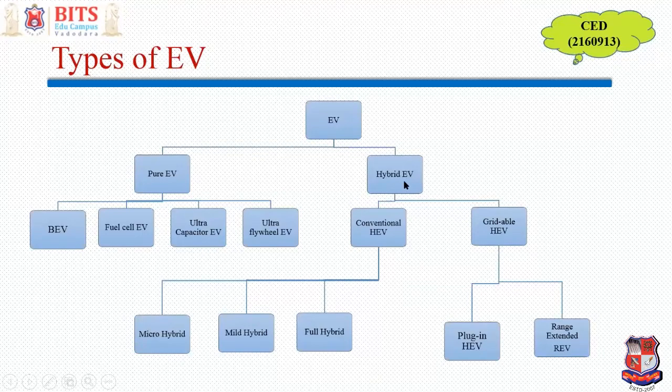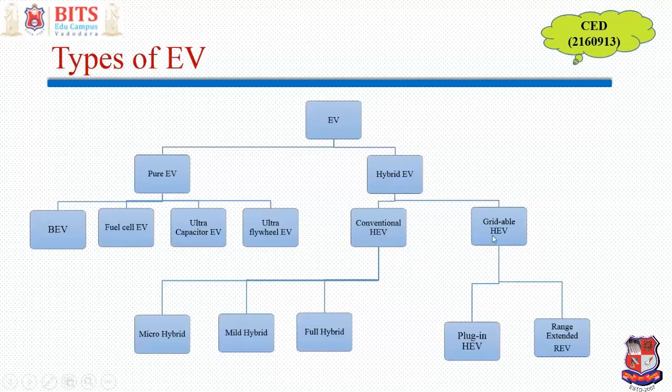Hybrid means part of the mechanical energy is produced by the IC engine and part by the batteries and electric motors. In conventional HEVs the engine was heavy and the motor part was just to supplement or to increase the efficiency. The majority of mechanical energy or motion was provided by internal combustion engines, petrol or diesel engines.